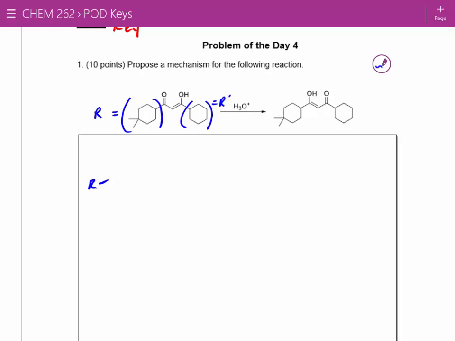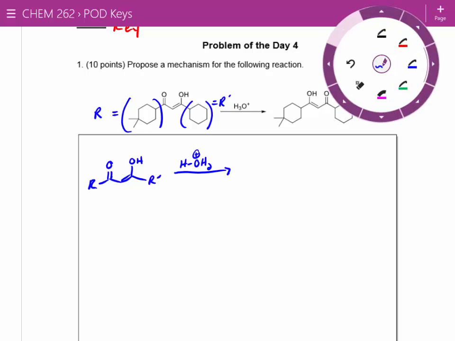So we'll start with the protonation step. And we've got our hydronium, so this oxygen has a positive charge.